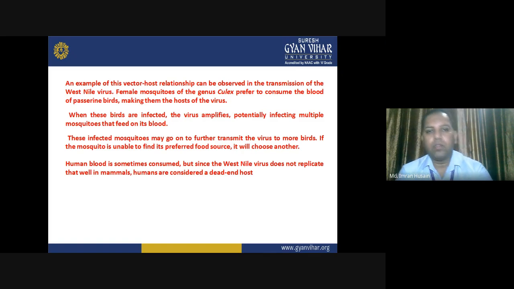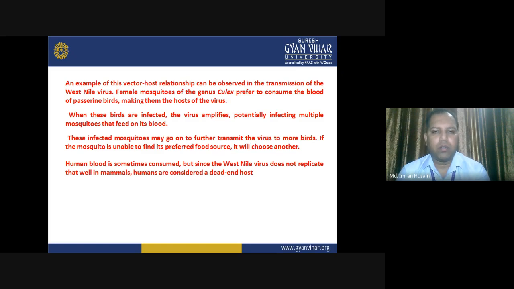An example of this vector-host relationship can be observed in the transmission of West Nile virus. Female mosquitoes of the genus Culex prefer to consume the blood of passerine birds, making them the host of the virus.